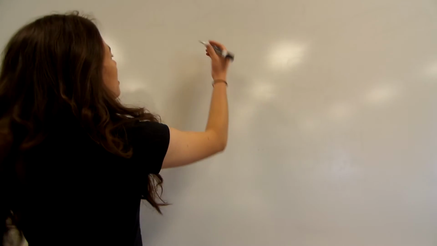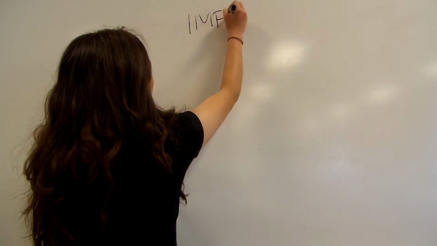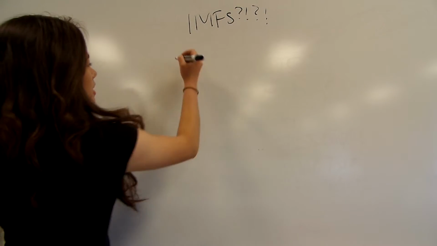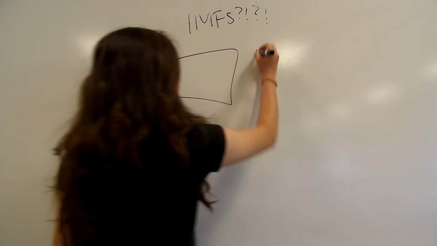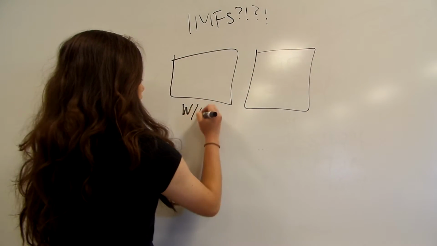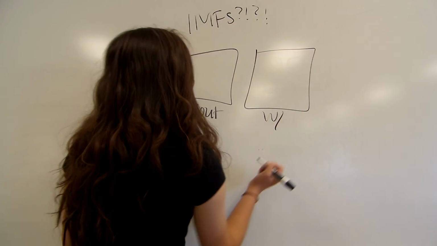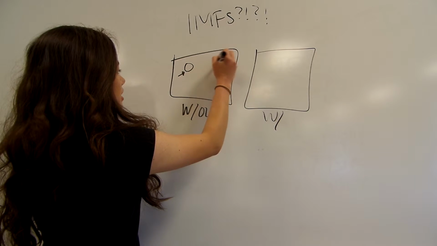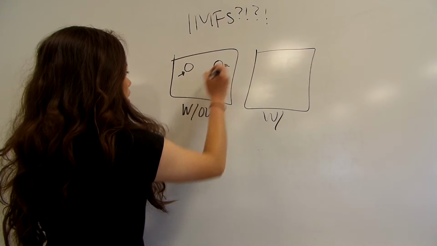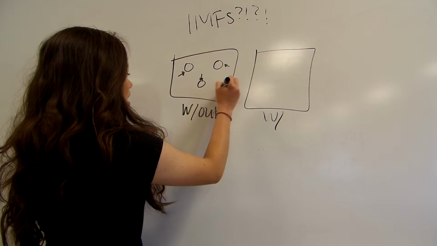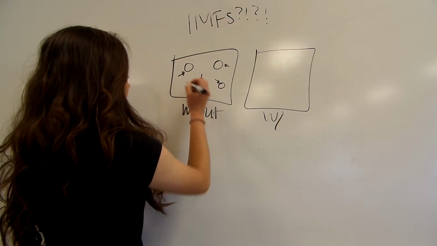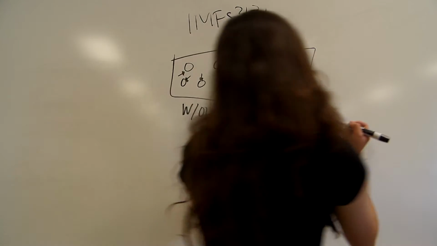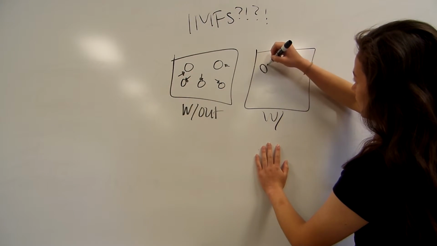What about IMFs? Well, with IMFs, we can have this tank be without and this tank be with. So without IMFs, we have these atoms bouncing off the walls. It's really random. They're lonely. They don't have anyone. But with IMFs, they've got the buddy system going on.